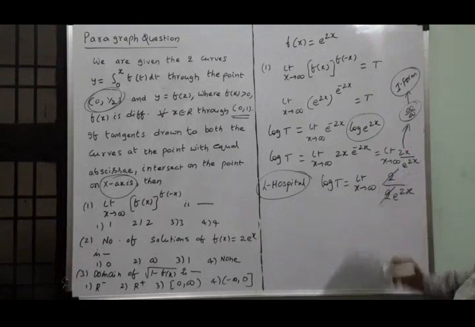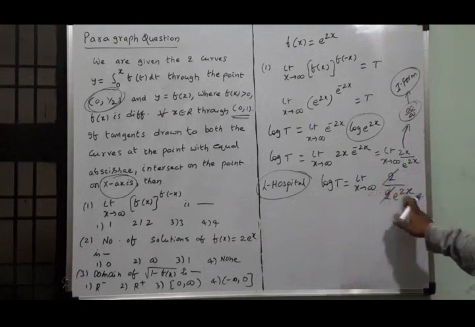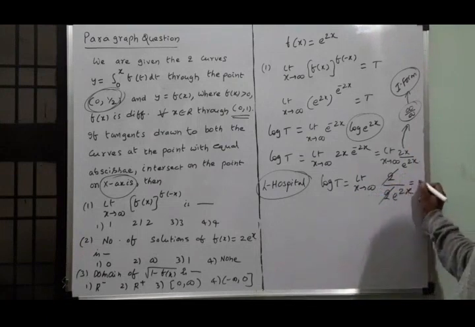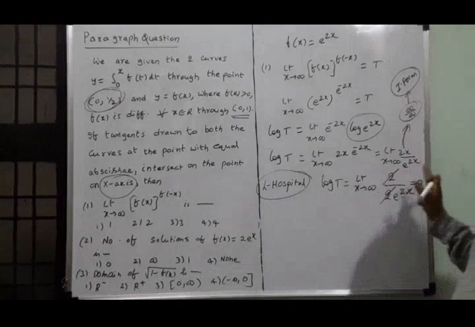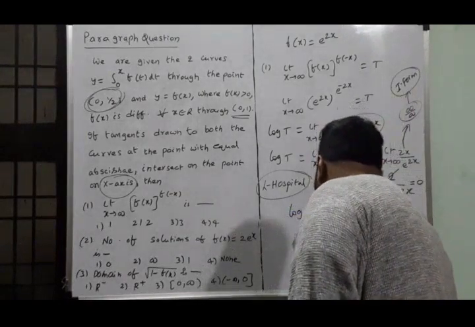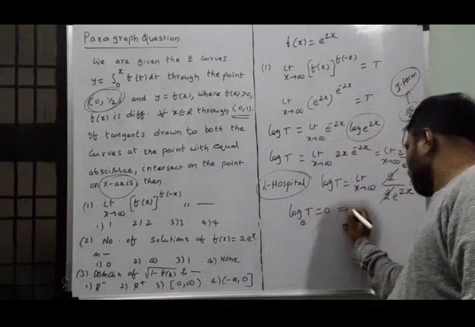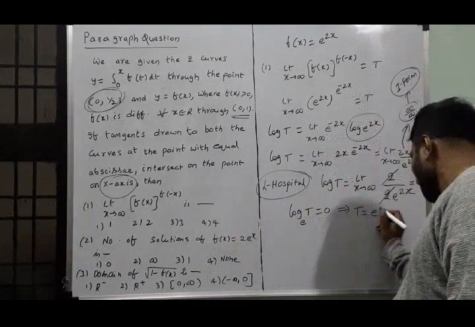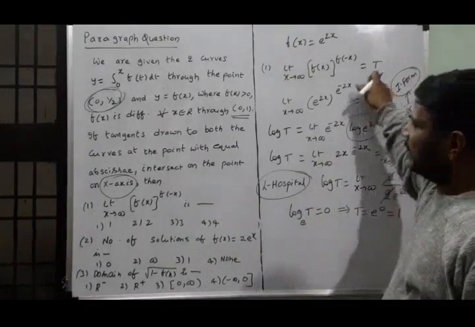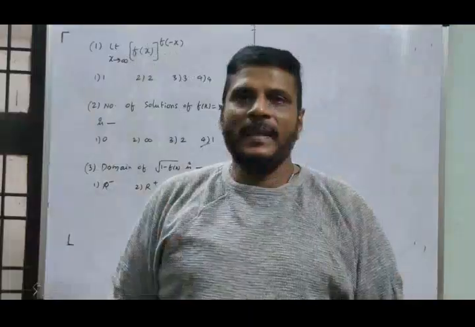The 2 cancels. Now substitute x is equal to infinity, 1 by infinity is 0. So log t is 0. Here we have base e, so t is equal to e power 0, which is 1. So the limit of this function is 1.